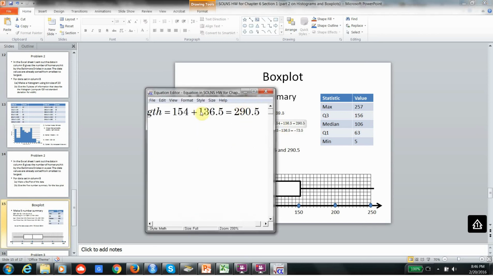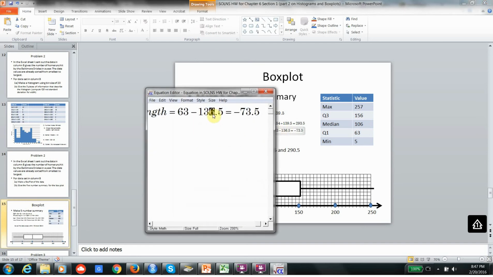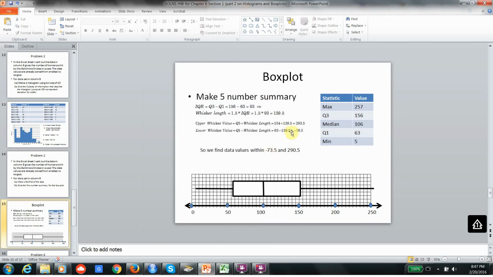I'm just going to add 139.5, which is just going to add 3 to this for the upper whisker value, and it's going to subtract 3 from this. And so now I want to find the data values between minus 78.5 and 293.5. Okay, the first thing I notice is that I don't have any outliers. All my data values lie between here, so I'm okay.